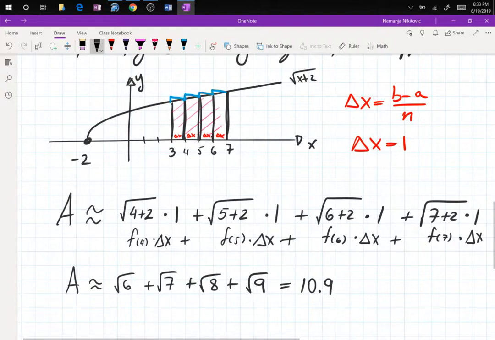We approximate. Can we make this better? Yes. How? More rectangles. If you want to cut each one of these in half, you will have 4, 4.5, 5, 5.5, 6, 6.5, and finally 7.